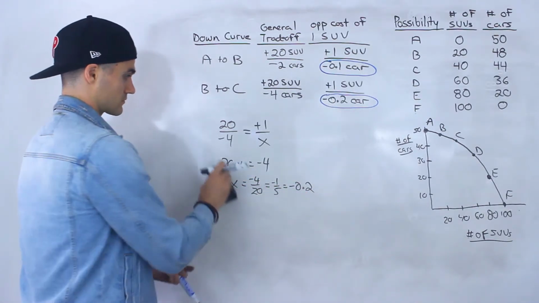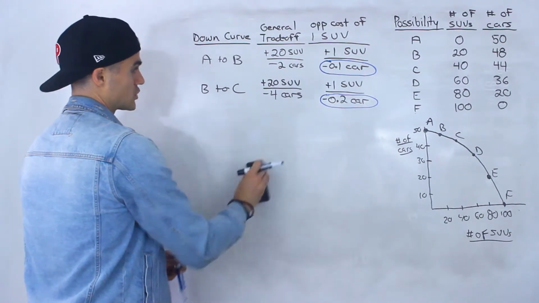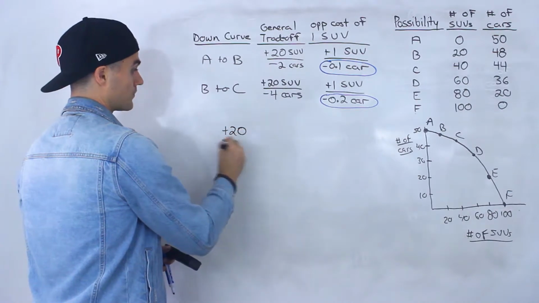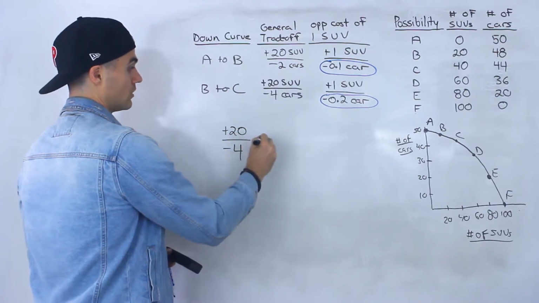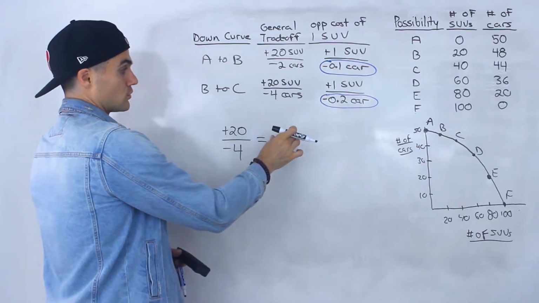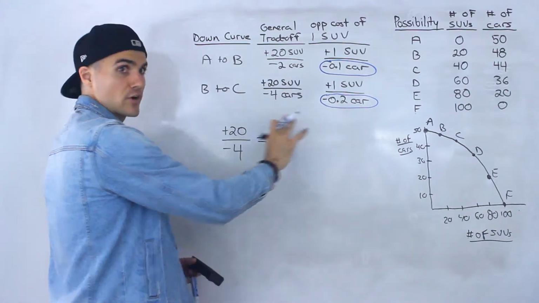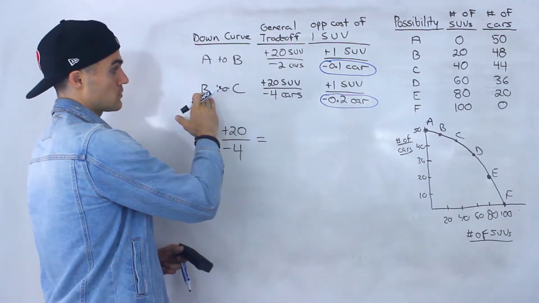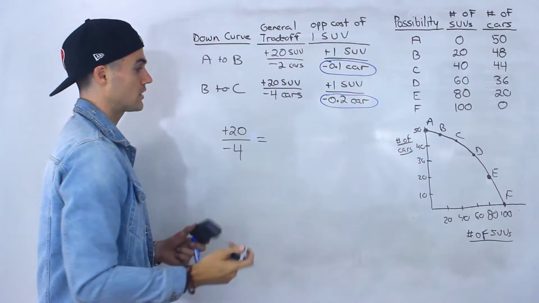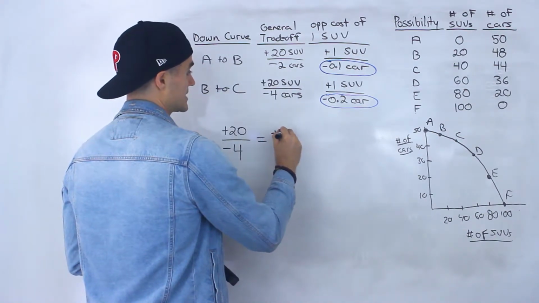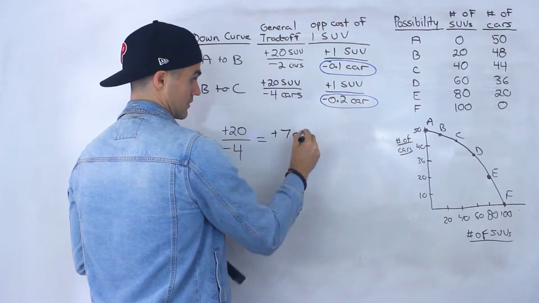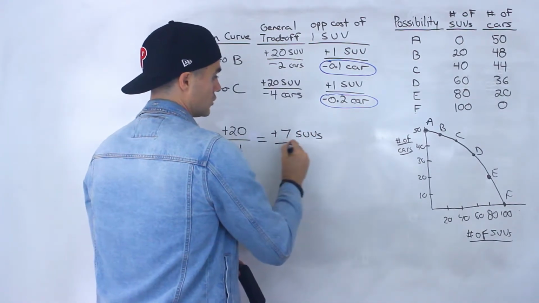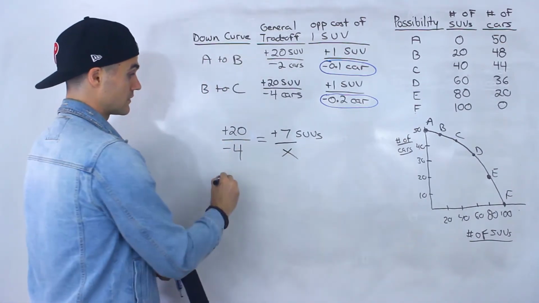And again, it might sound like a parrot here, mentioning the same thing over and over, but just to really drive this point home is you got to be able to know what the opportunity costs for whatever number of SUVs they're asking for. So again, you might get a question, as we move from B to C, what's the opportunity cost of producing 7 SUVs? And you got to be able to solve for that value right there.